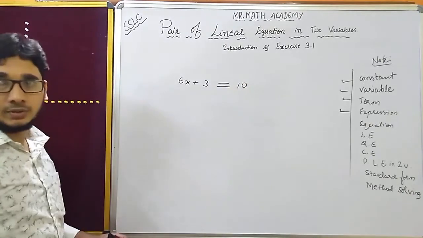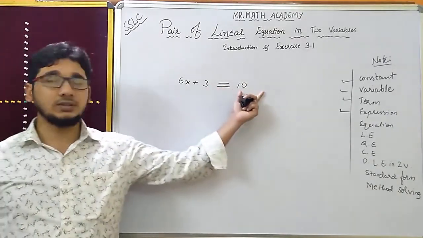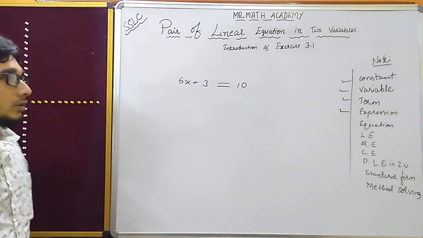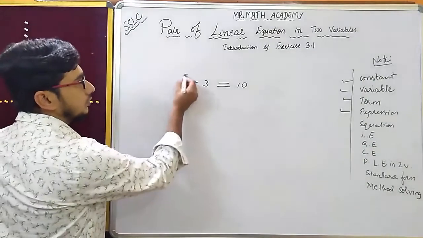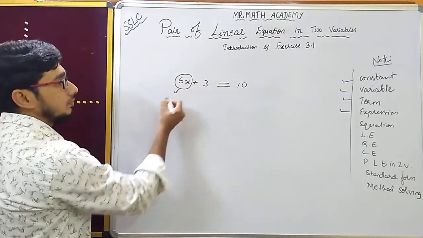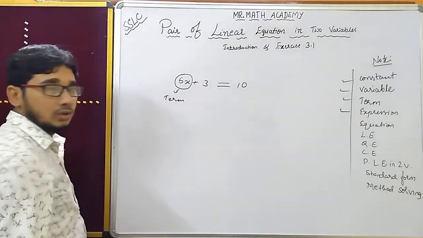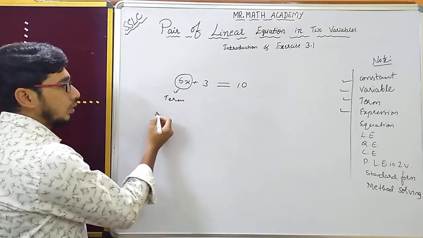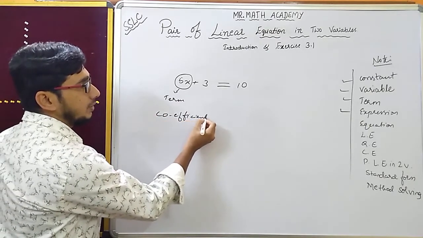This is an equation. Why? Because the equal to symbol is there, LHS is there and RHS is there. In this equation, as I already told you, I am reminding again, this is a term, this is a constant, this is also a constant. One more thing I wanted to tell you, that is coefficient. What is this coefficient?